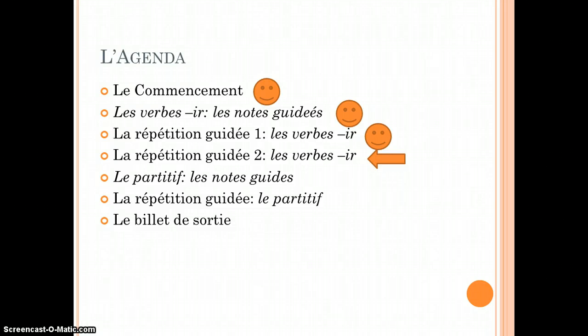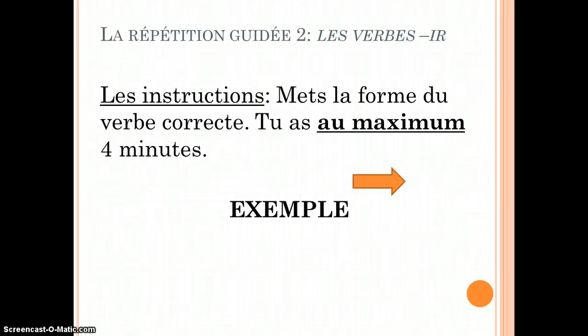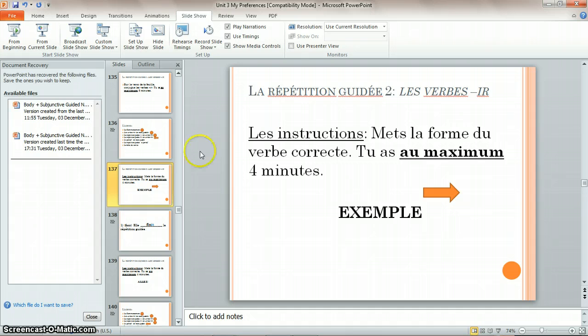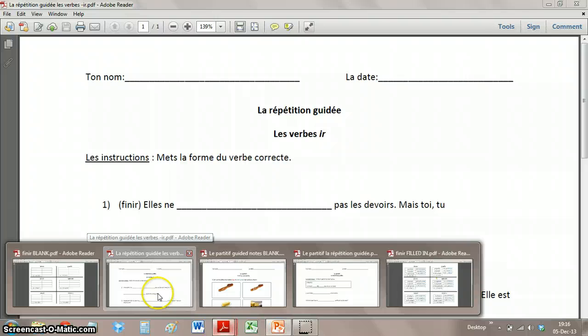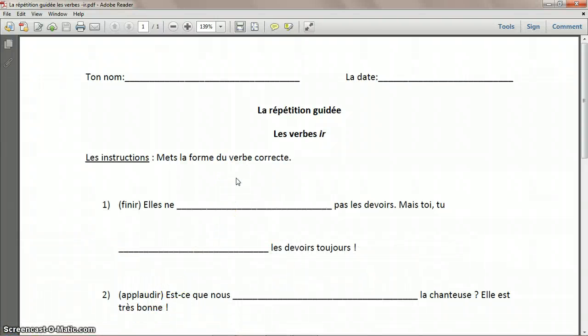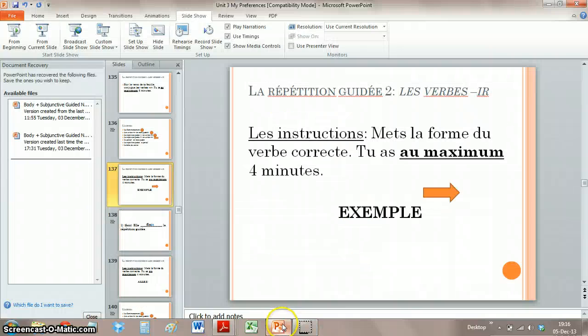Maintenant, la deuxième répétition guidée avec les verbes IR. Mets la forme du verbe correct et tu as au maximum 4 minutes. So for this, you're going to need your guided practice sheet that looks like this. And for this, you're simply going to put in the correct conjugation given the subject of your sentence.